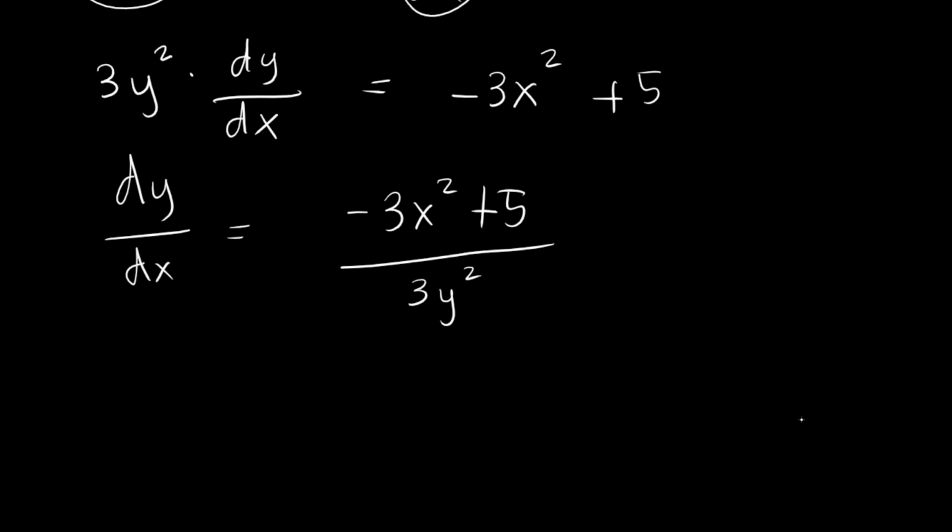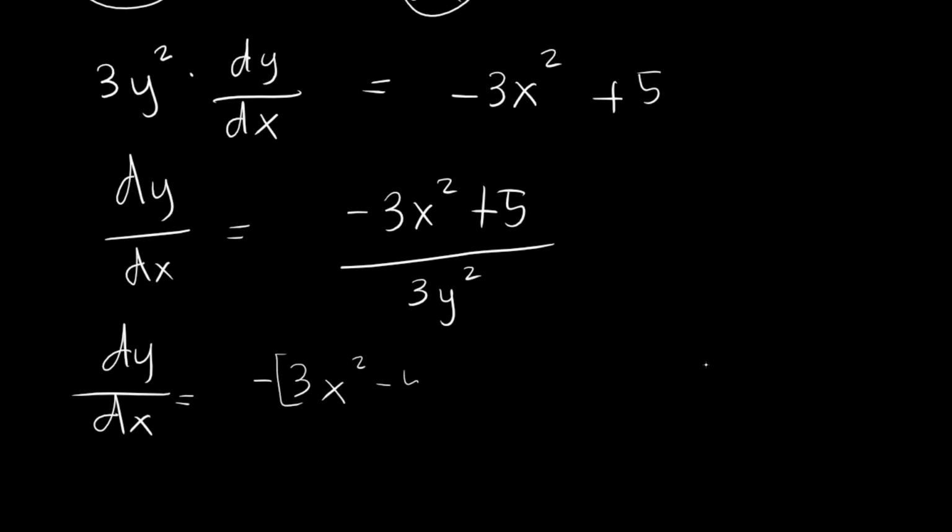So, actually, pwede pa ba? May iba pang way para i-represent yung answer. For example, pwede siyang maging dy over dx equals negative, yan, tas 3x squared.